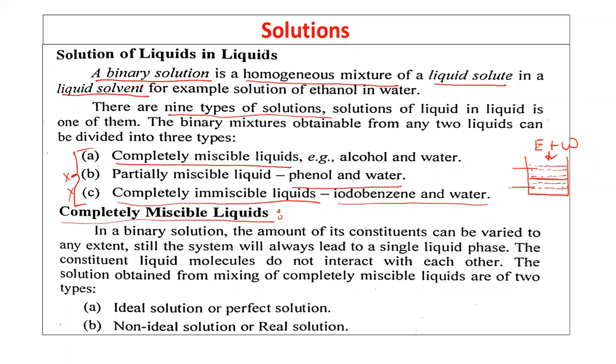In a binary solution, meaning a mixture of two, the amount of its constituents can be varied to any extent, and the system will always lead to a single liquid phase. The constituent liquid molecules do not interact with each other.